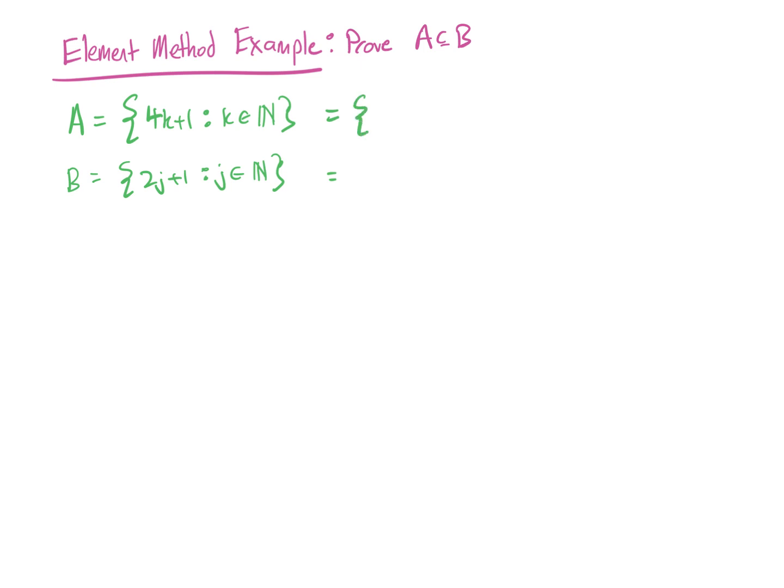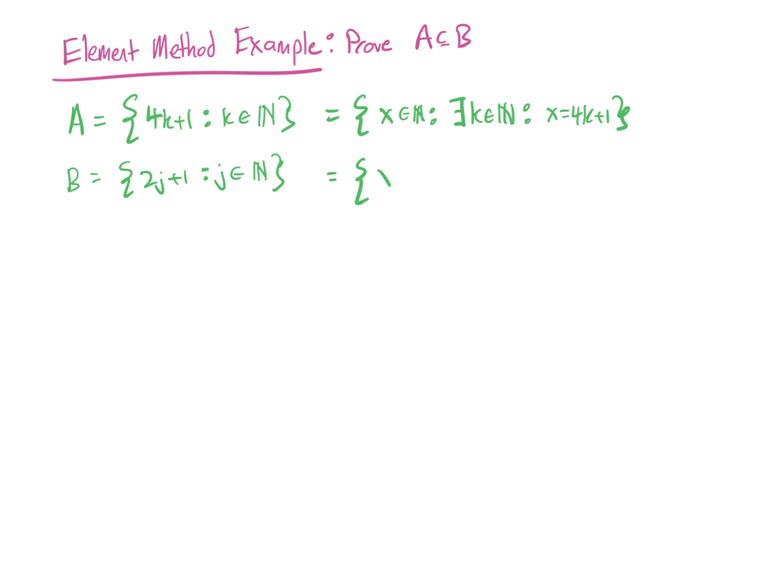A is the set of all x's in the natural numbers with the property that there exists a k in the natural numbers such that x equals 4k plus 1. This is a translation. I've moved from set generator notation over to set builder notation.